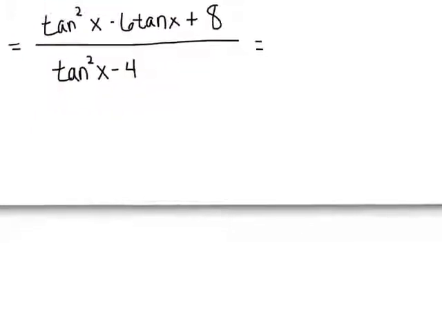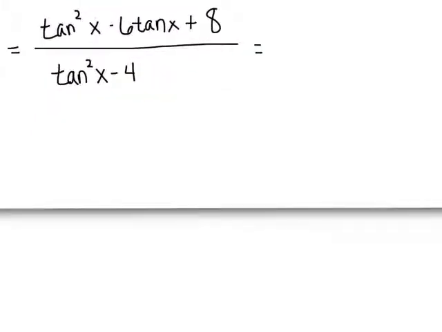So you're going to factor the top and then you're going to factor the bottom. So when you factor the top, this is a true factorization because you have tangent squared, tangent number. So what makes tangent squared? That goes here and here. What makes 8 and adds to negative 6? That goes here and here.